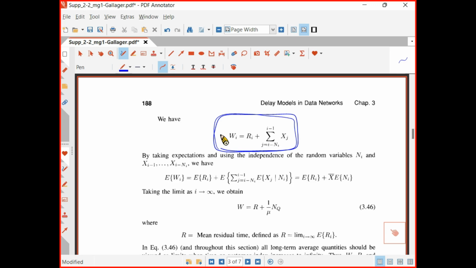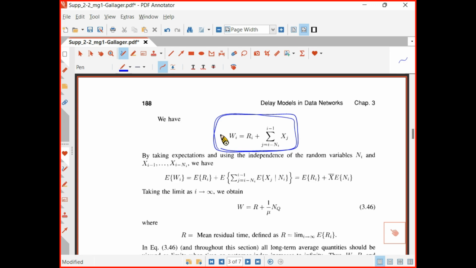Sorry, not that one, the residual. Actually, it is some actual residual one. So maybe I have some misinterpretation. Let me check. Maybe something is wrong. Oh, sorry.